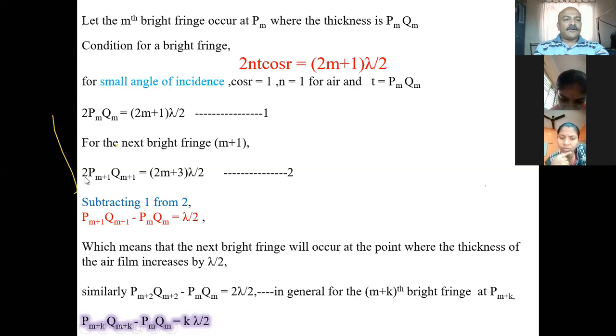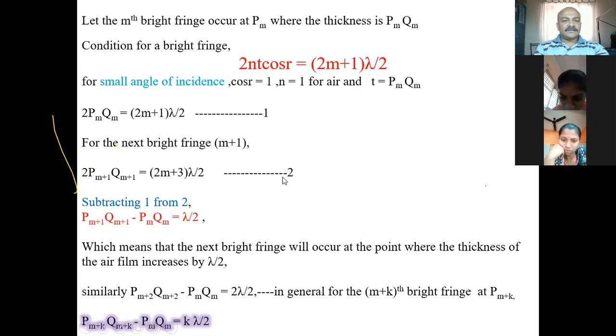Therefore, on the left hand side of equation 1, it becomes 2 PM+1 QM+1, and on the right hand side, m becomes m plus 1. So m plus 1 gives 2m plus 2, and 2m plus 2 plus 1 would be 2m plus 3. So (2m plus 3) lambda by 2. Let us call that equation 2.